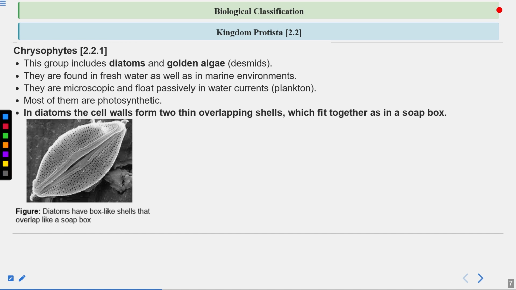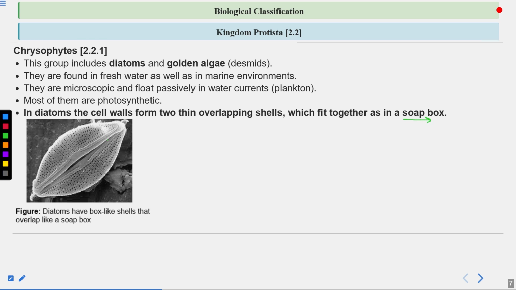These are the two overlapping regions. You can clearly see the two regions here. So the cell wall consists of two halves, epitheca and hypotheca, and they overlap and slide with each other, so they fit together as a soap box.